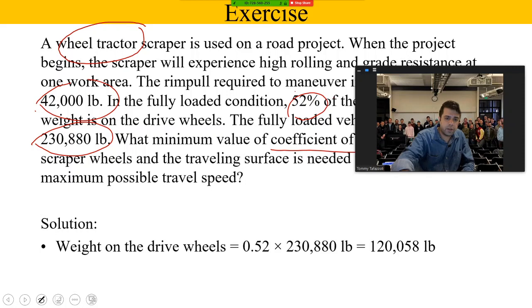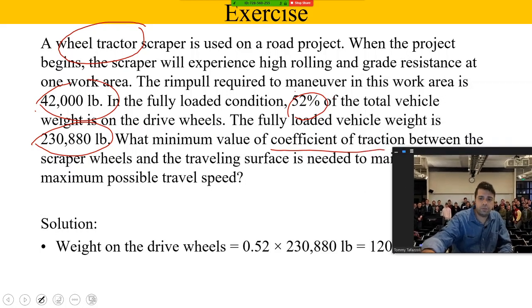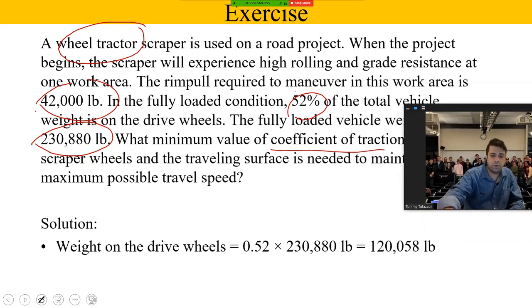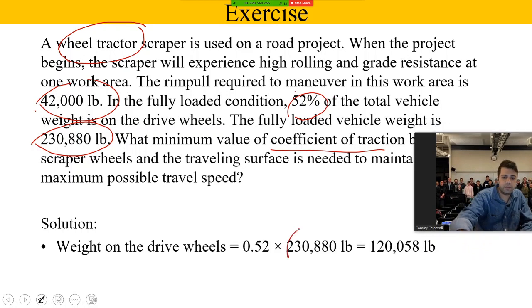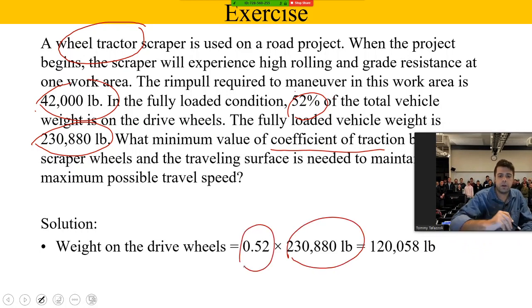So they're carrying 52% of the total vehicle's weight. This is the total weight, and this is the percentage. 52% is what the wheels will carry. So this is telling us how much weight is on the drive wheels.